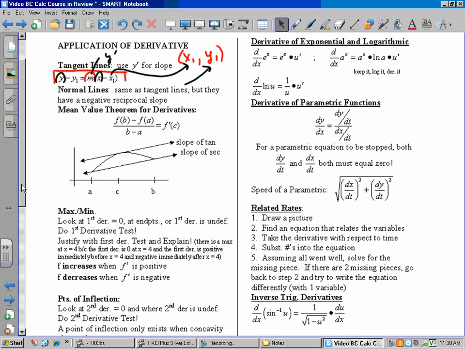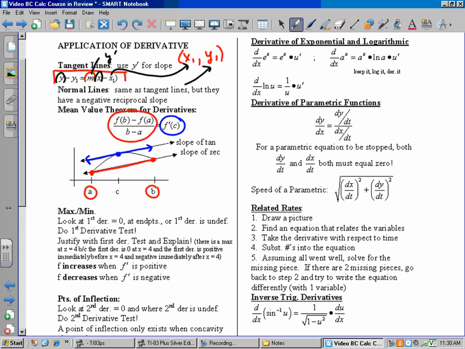The mean value theorem for derivatives. The mean value theorem for derivatives basically compares the average rate of change of a function, or the slope of a secant, or the slope of a line containing the endpoints. It compares that, the slope of the secant, the average rate of change, with the slope of the instantaneous rate of change, with the slope of a curve at a single point with the derivative.